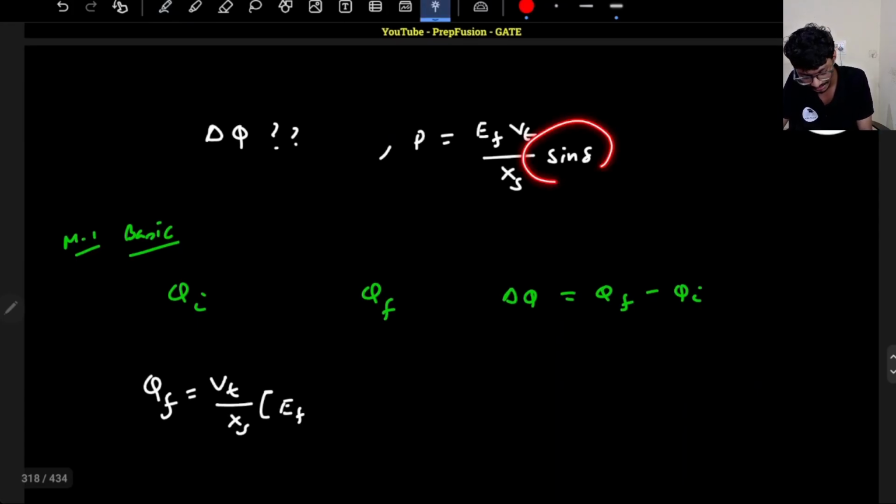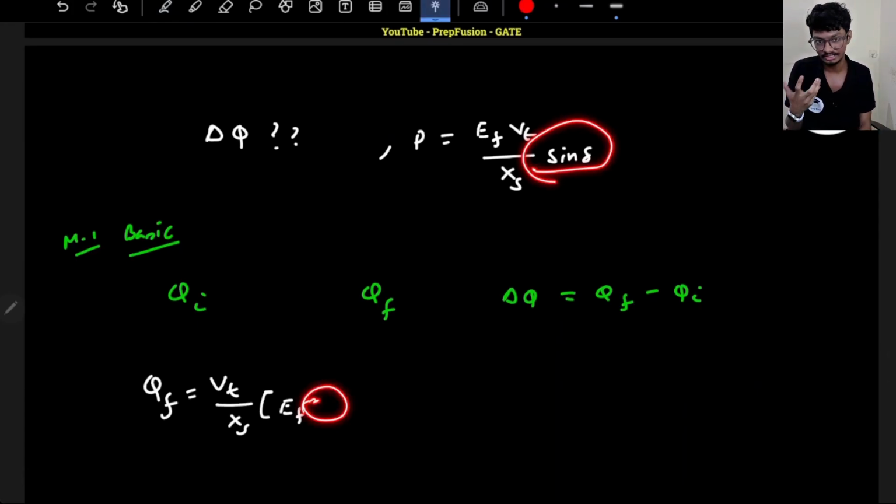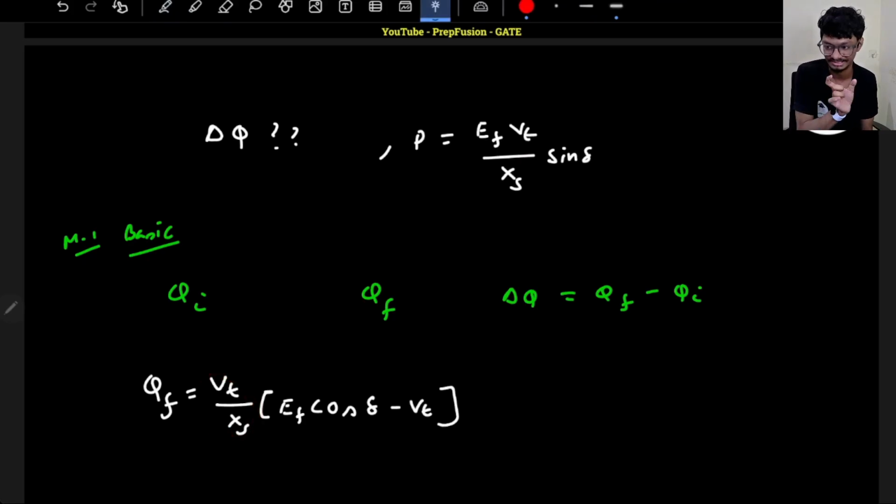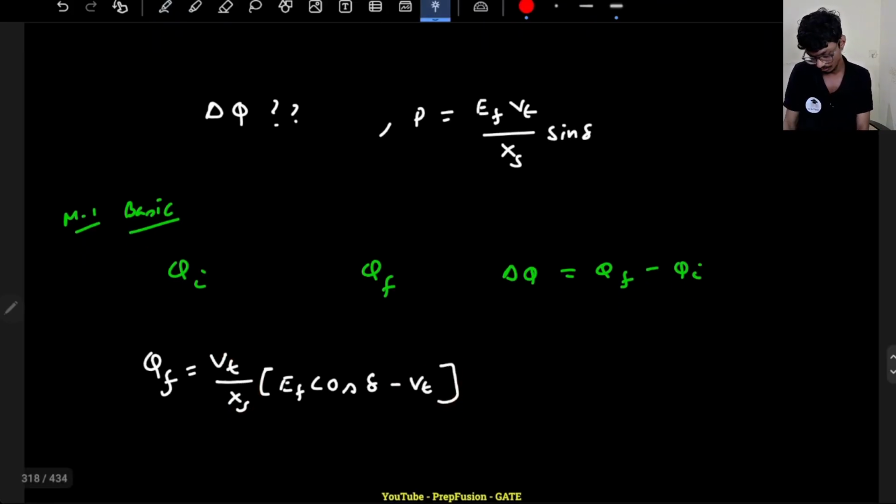Since sine delta is already used there, I will use cos delta with Ef, and minus Vt, because there was a term Vt square by Xs.